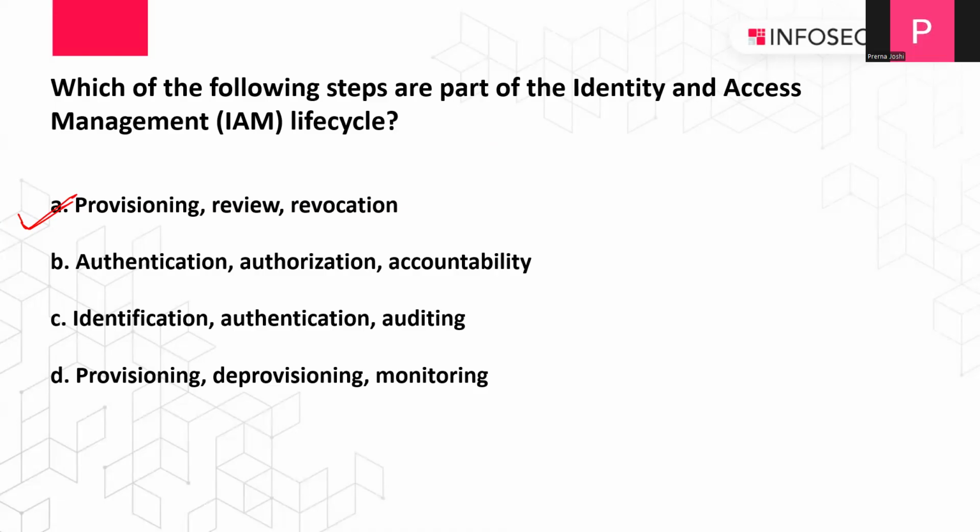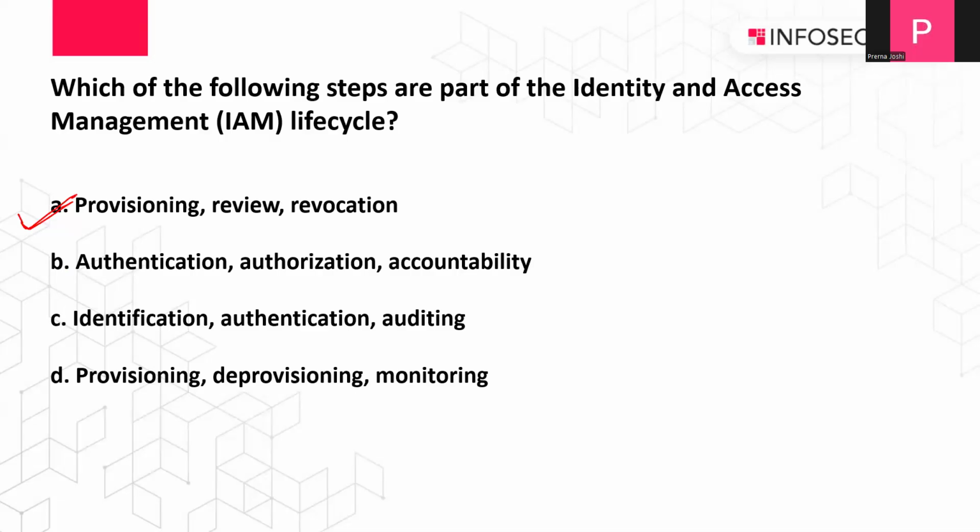When we talk about provisioning, it is the process of creating and assigning access rights to a user. A unique identity is created for the person, and the roles are defined. Role, permission, access privileges, everything is given to the person based on his role.